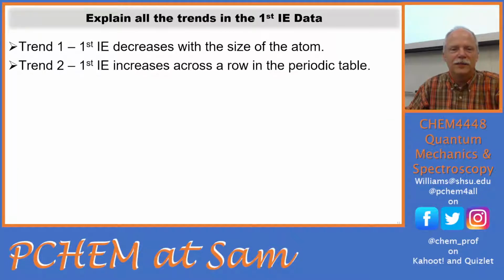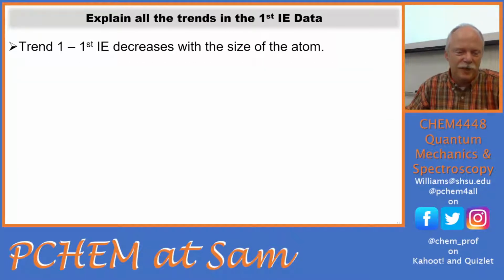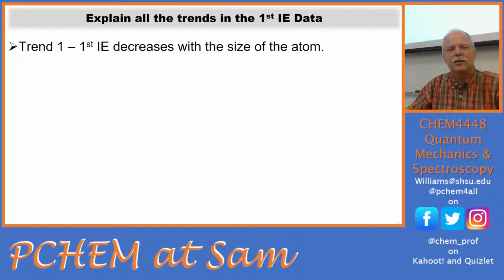So we have these different trends, and we'll go through each one of these trends individually. So we see that the first ionization energy decreases with the size of the atom. So think about that, our particle in a box. What happens with size? Okay, the energies decrease of the system, right? And they get closer together.